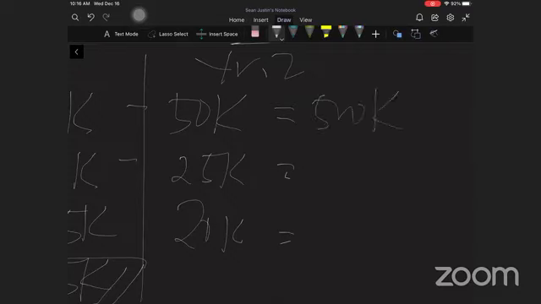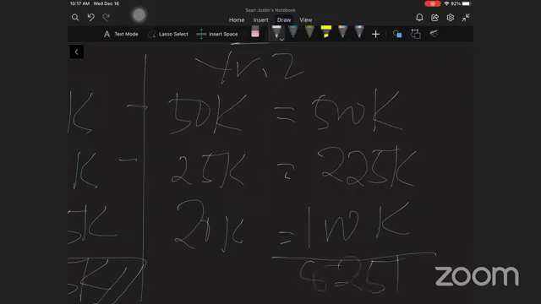For machine B, 25,000 times 9 is 225,000. Then 5 pesos times 20,000 is 100,000. Therefore, on year 2, the total depreciation expense is 825,000.